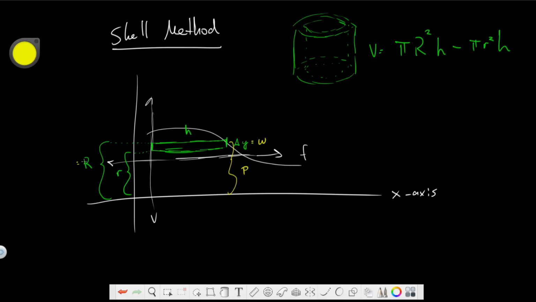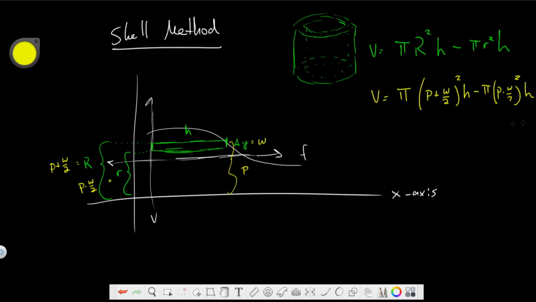R is going to be p plus the width divided by 2, and little r is going to be p minus the width divided by 2. So I'm going to substitute them into this equation. So we've got pi, p plus width divided by 2 squared times h, minus pi, p minus width divided by 2 squared h.